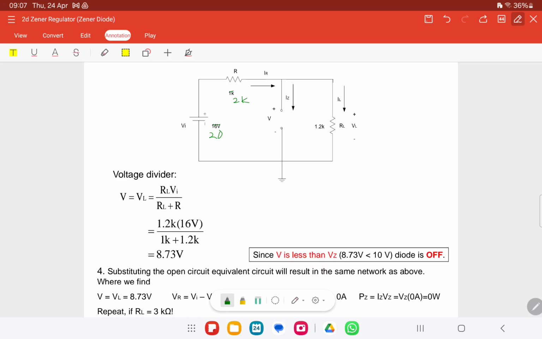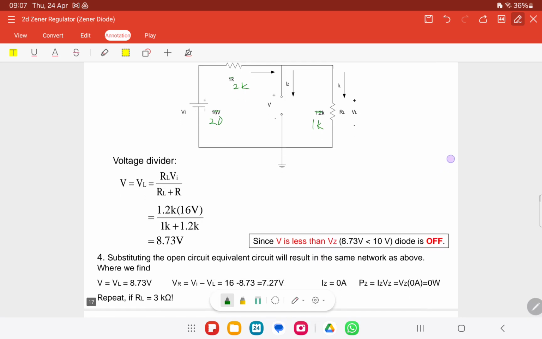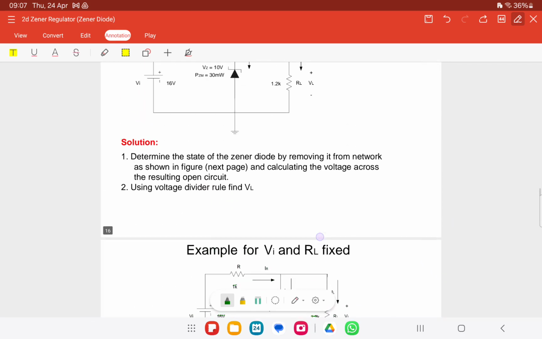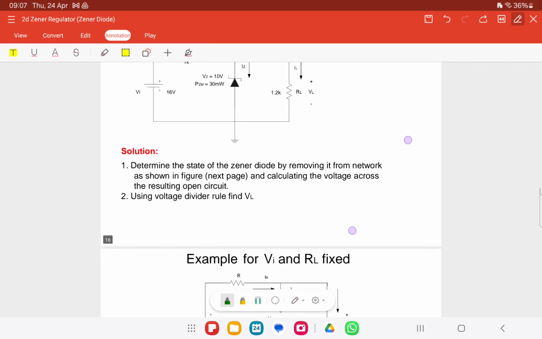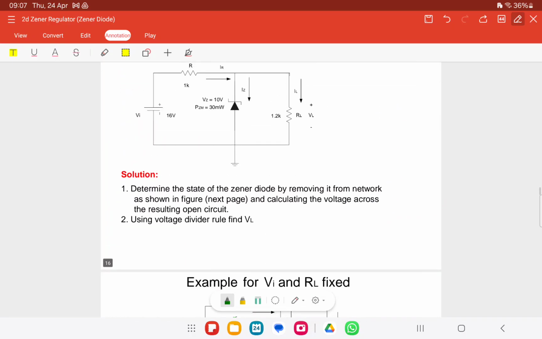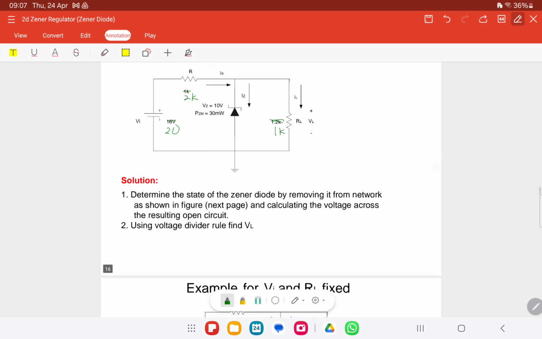I'm not sure what the answer will be. This one becomes 1K. The others stay the same. First thing is to determine whether the diode is on or off.